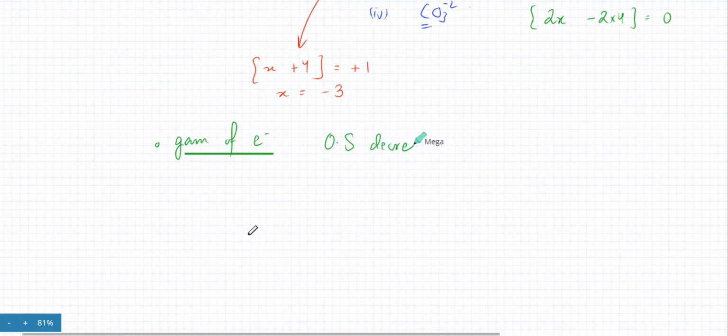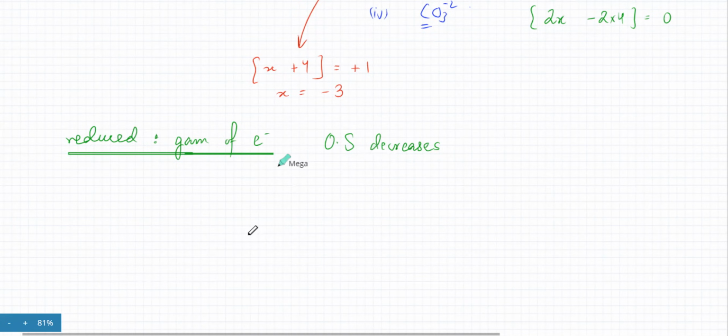I mean, it moves towards the negative side. So the oxidation state decreases. That is oxidation. Whenever something, that is reduction, sorry. Whenever something gains electrons, whenever something gets reduced, okay, let me write, reduced. So whenever reduction happens, oxidation state decreases.